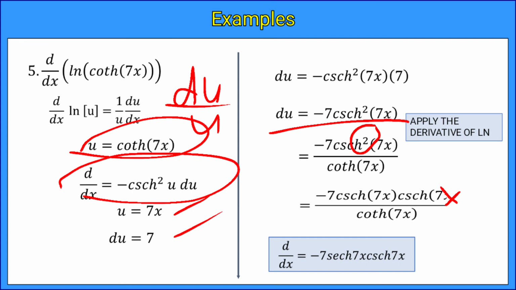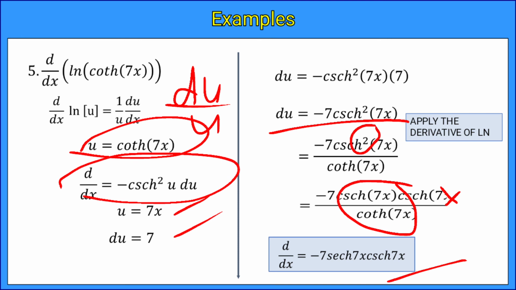So I'm just going to explain to you why we got this kind of final answer. Since I spread it out, the hyperbolic cosecant squared 7x, as you can see, we have an identity here. The identity for our hyperbolic cosecant and hyperbolic cotangent is hyperbolic secant.